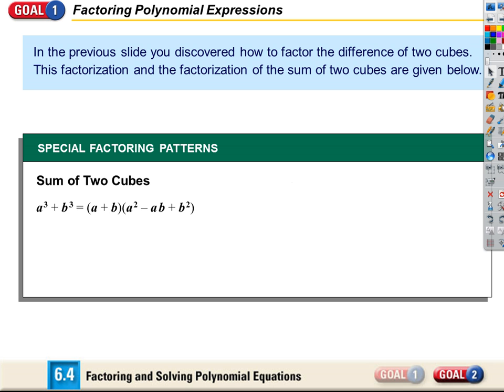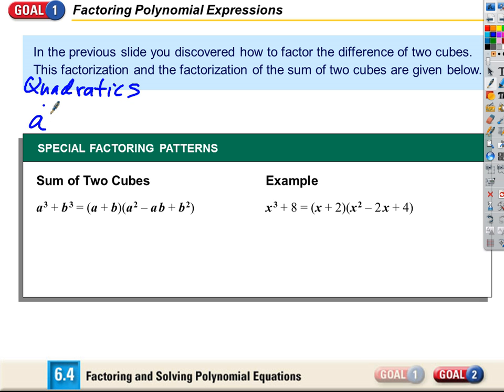When we're factoring stuff, here's one of the factoring patterns that we're going to add to the patterns we already know. We already have one of them. When we're dealing with quadratics instead of cubics, there's only one factoring pattern, and that was a difference of squares, right?